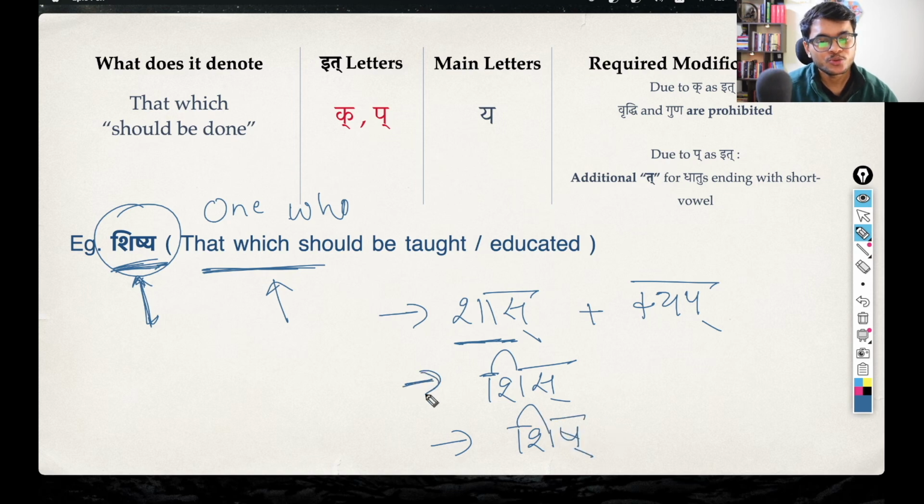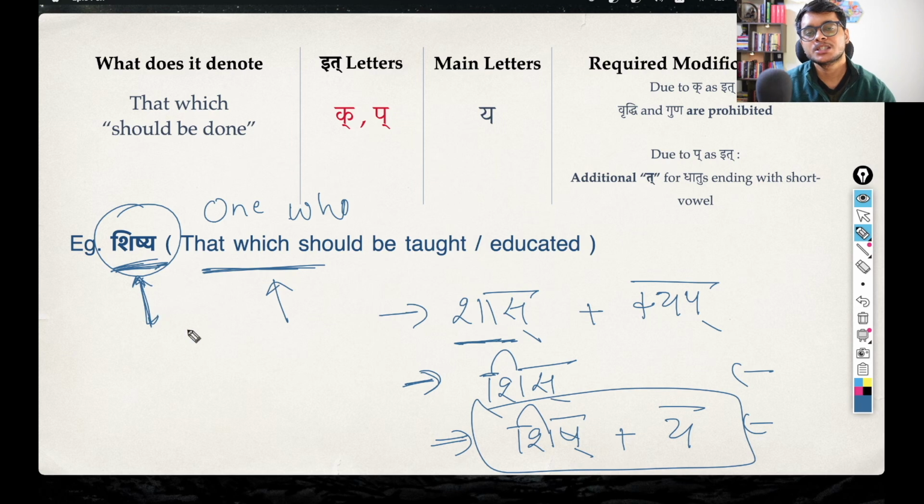So these two changes, from shas to shis and from shis to shish, are controlled using certain additional rules. But we don't need to go into them now. Just remember these changes that happen, and then for kyap you have this ya, and when we combine it, we get this pratipadika shishya. That means one who should be taught, who is fit to be taught, fit to be educated in that sense.